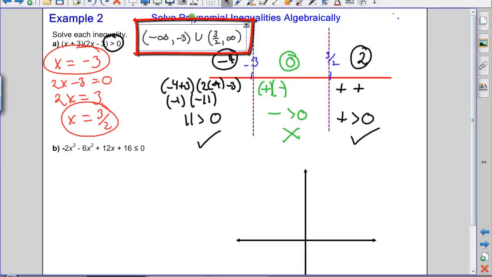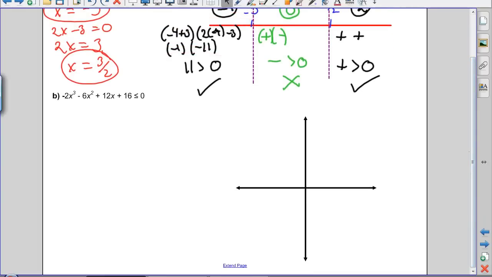Let's try that with a little bit more difficult question, this time involving a cubic. So our ultimate goal is to find the factored form of this equation. I treat it as an equation or an equal sign, even though I know it's an inequality. And if this was an equation, then I would look at trying different ways of factoring this.